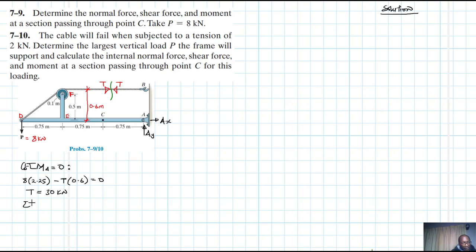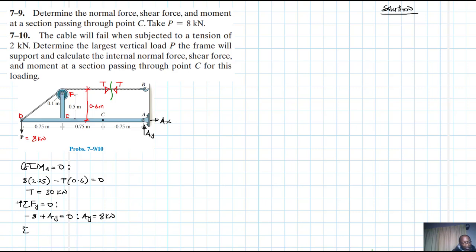And then we have summation of forces in the Y equal to 0. Going up in our reference, we have minus 8 plus AY equal to 0, and therefore our AY is just going to be equal to 8 kilonewtons.